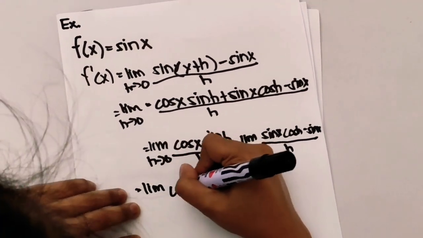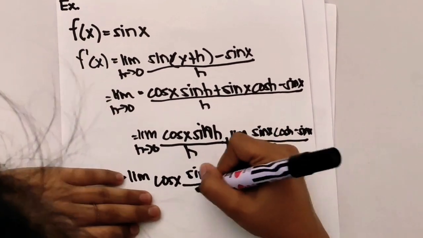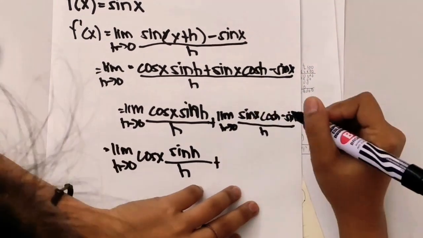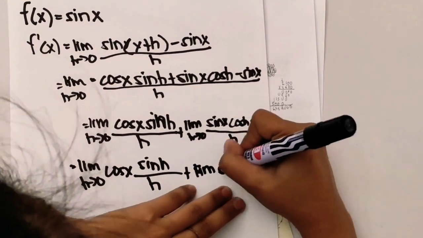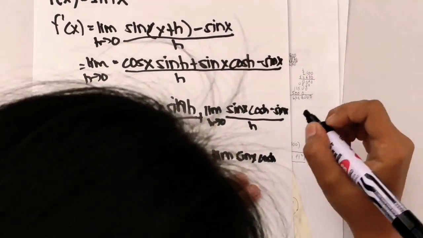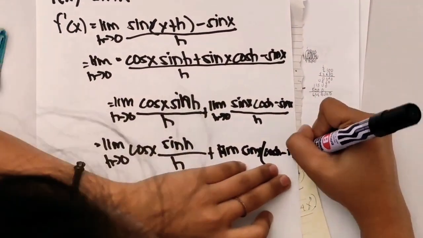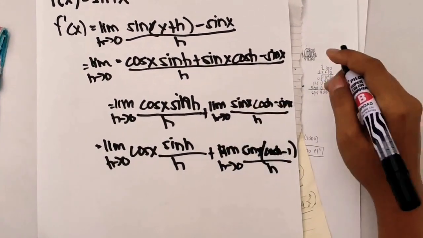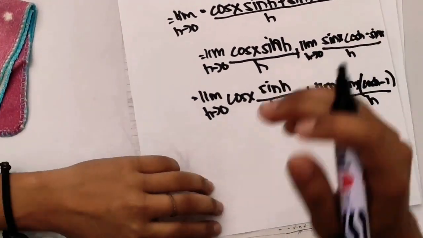Limit of cos x sine h over h as h approaches 0 plus limit of sine x times quantity of cosine h minus 1 all over h as h approaches 0.